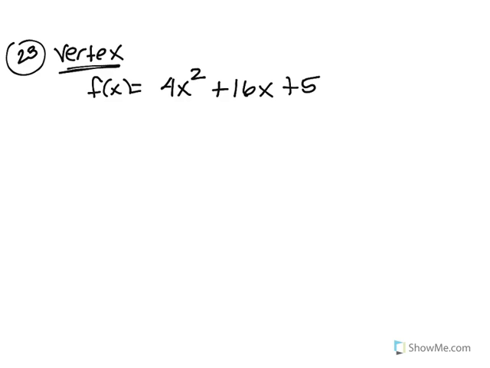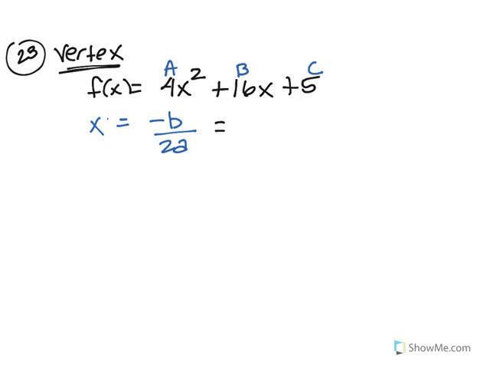But if we're finding the vertex, then we're going to do minus b over 2a to get the x part. Okay? We're going to do minus b over 2a to get the x part. And keep in mind, this is quadratic form. Okay? So it would be a, b, c from left to right.